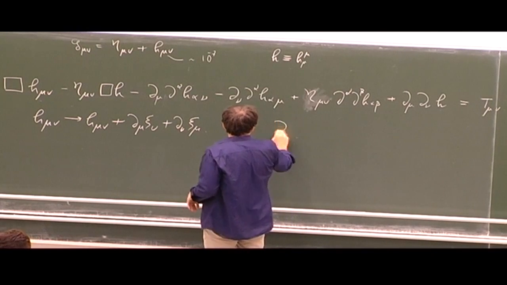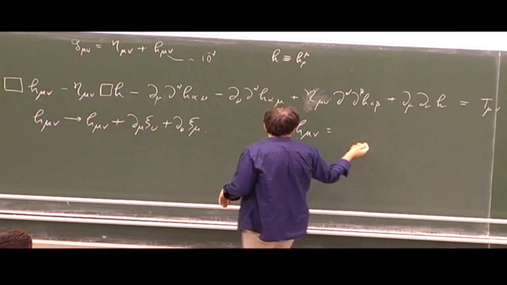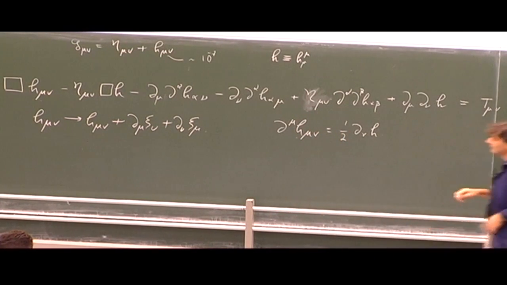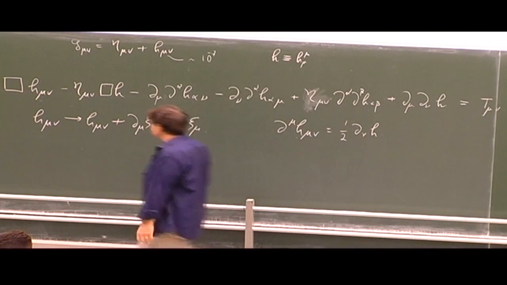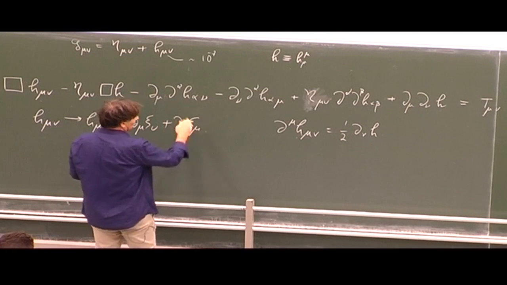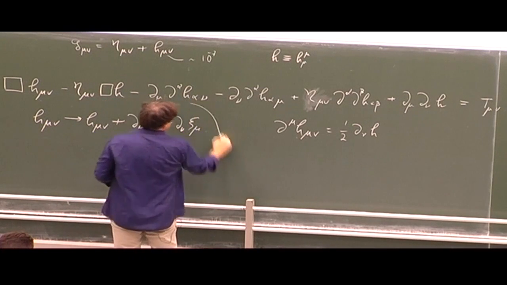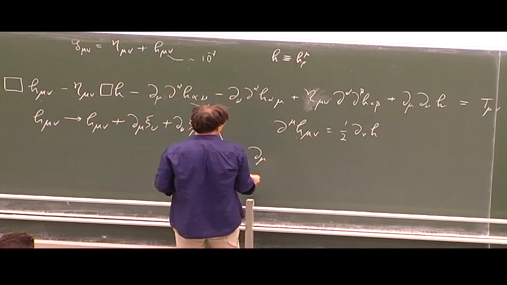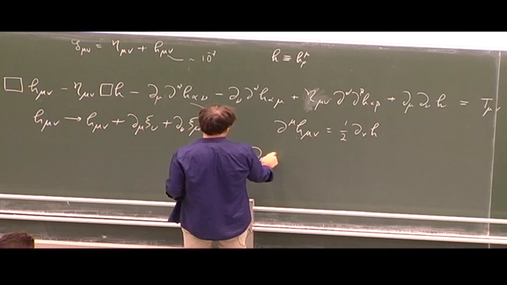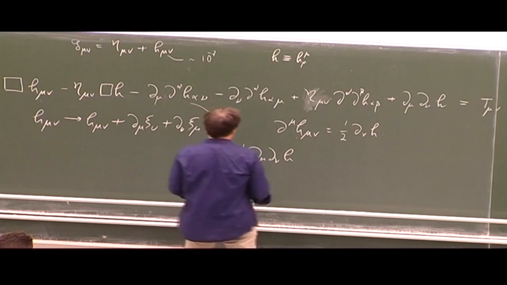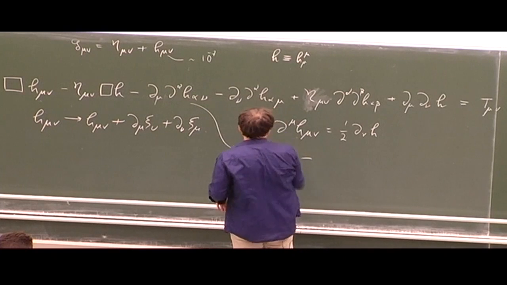So we can fix the gauge. The convenient one is the de Donder gauge, and with this gauge, you can simplify the story. The things with the box I will leave for a moment. So what do we have here? This term will give me this one, the same here.